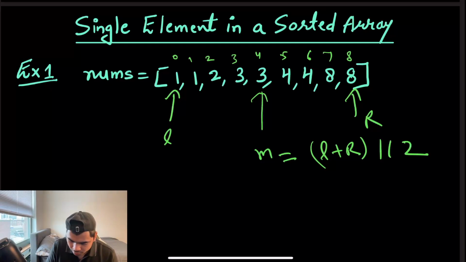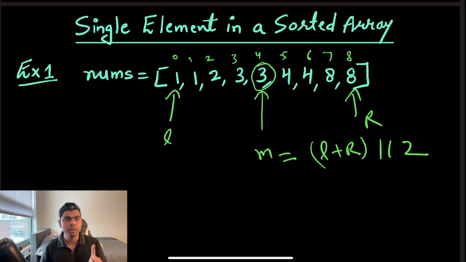Now, sorry, my bad, if this 3 only occurred once, then since it's a sorted array, its pair will not be on either side, right? So we check if this 3 does not occur on the left and does not occur on the right, then we just return the answer.